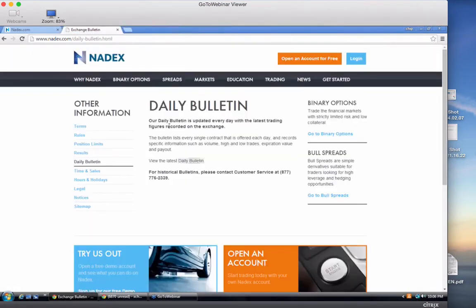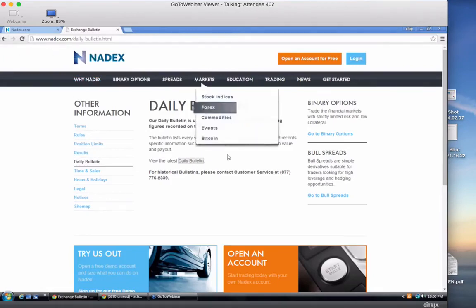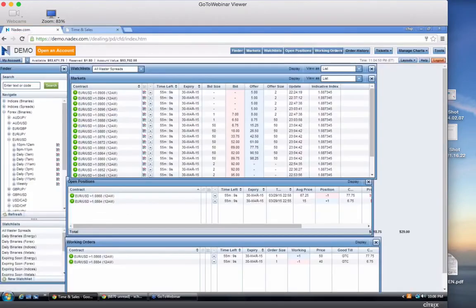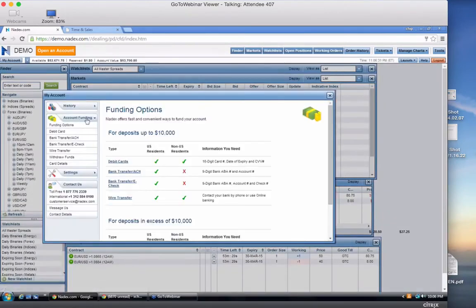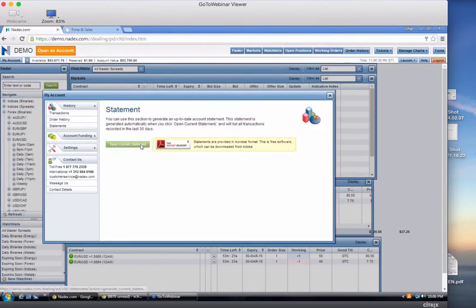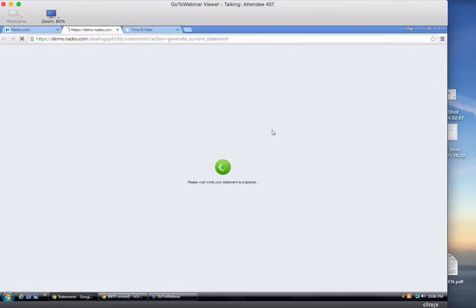Okay. Well, here's the other thing you can do: if you go to your account and you go history, statements, open a current statement, it will tell you what the binary settled at as well.